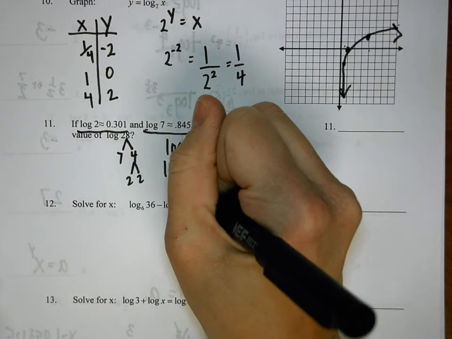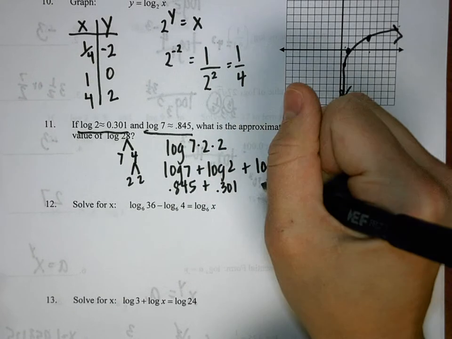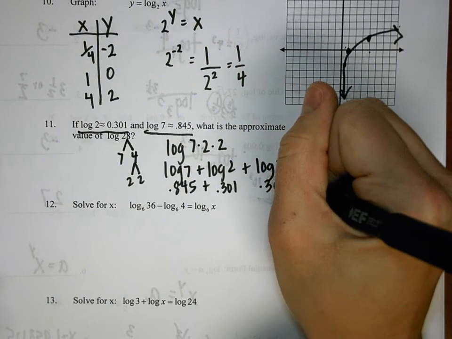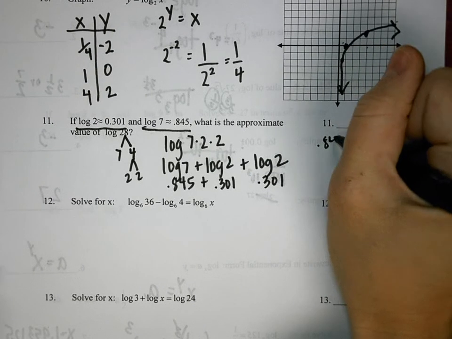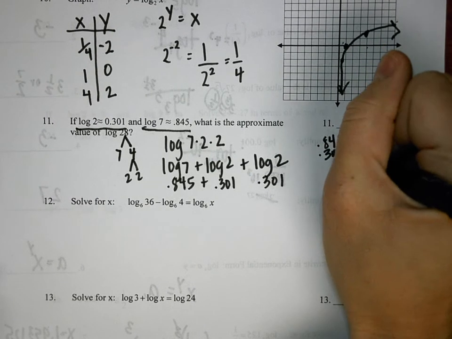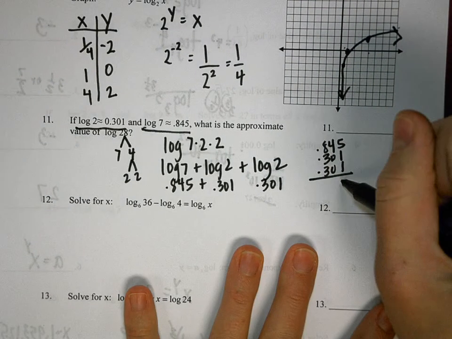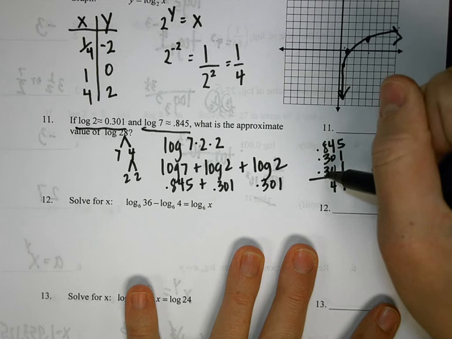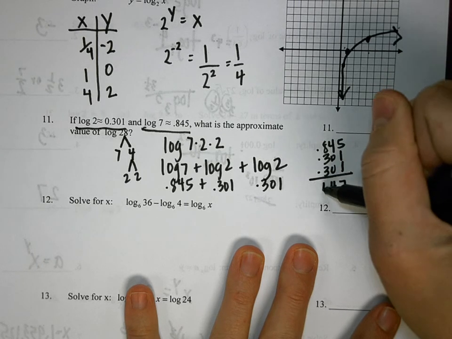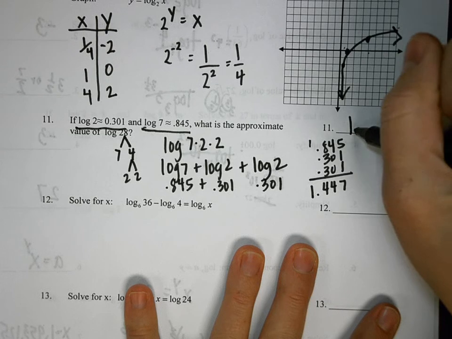So that's 0.845 plus log 2 is 0.301, plus log 2 is 0.301. If we add all those together, we get 1.447, which is the correct answer.